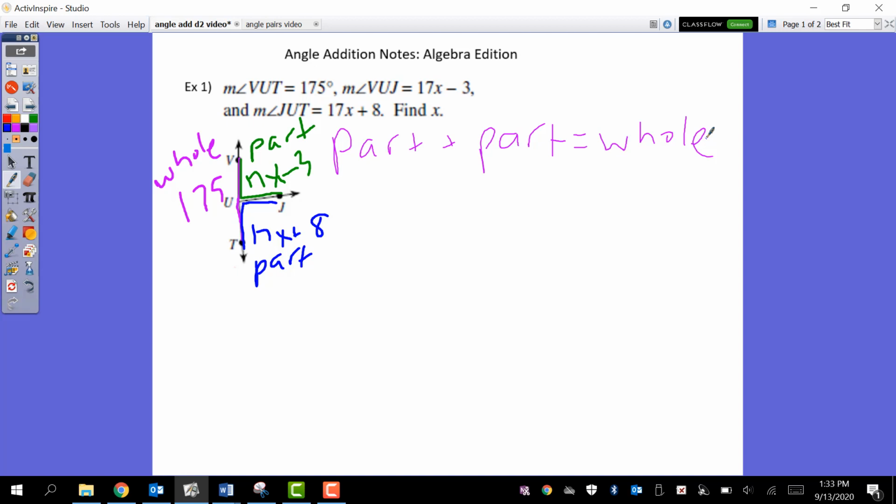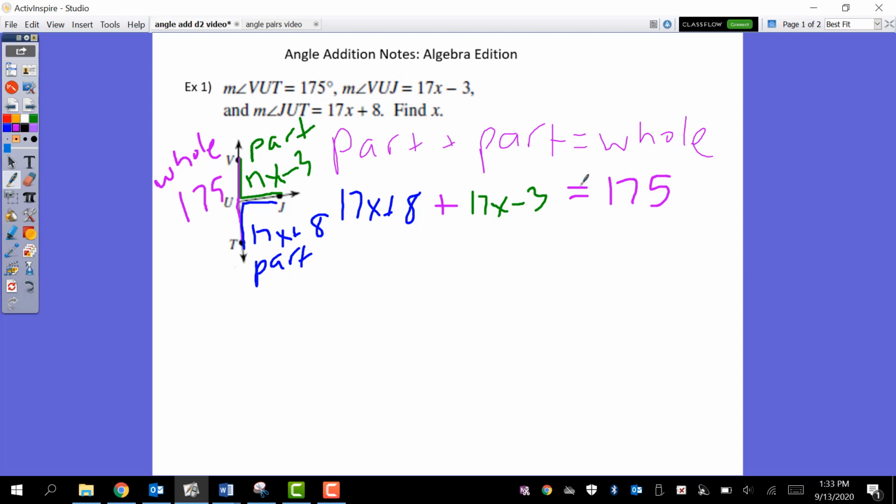So one of my parts was 17x plus 8 plus, what was the other part? Well, the other part was 17x minus 3, equal sign, what was our whole? Well, our biggest angle, the whole in this one, was 175 from out there.